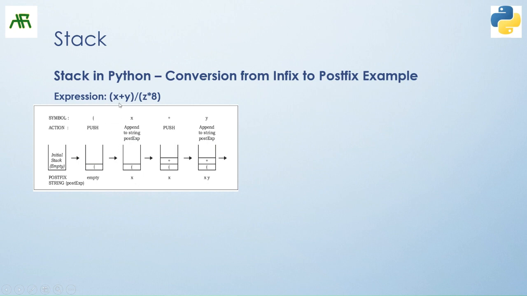Now, the next character in the input expression is x. Since it is not an open parenthesis or an operator, we append that character to the post exp string. So the stack has the open parenthesis now, and the string has x.